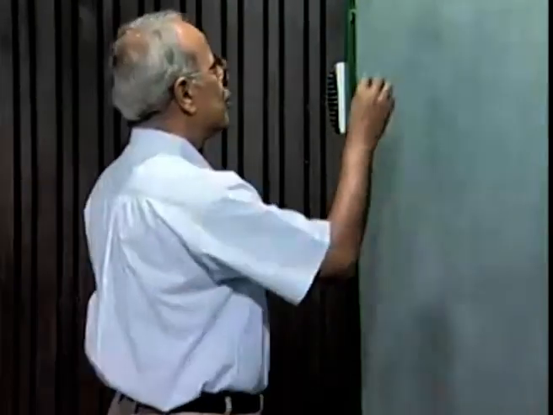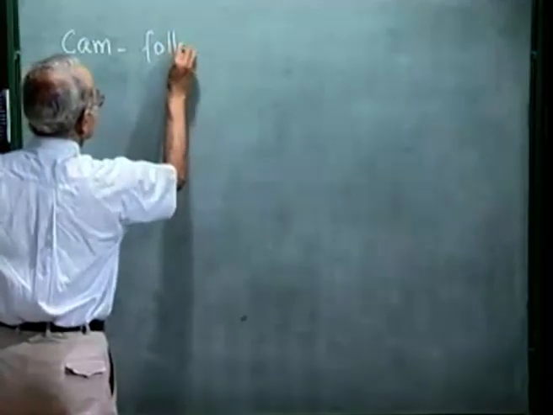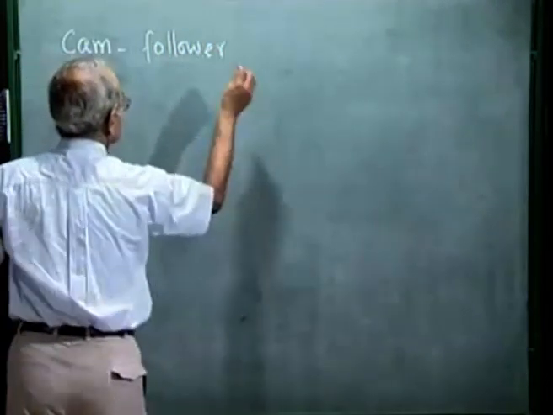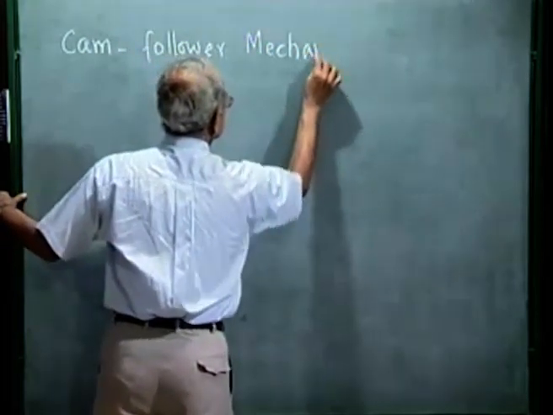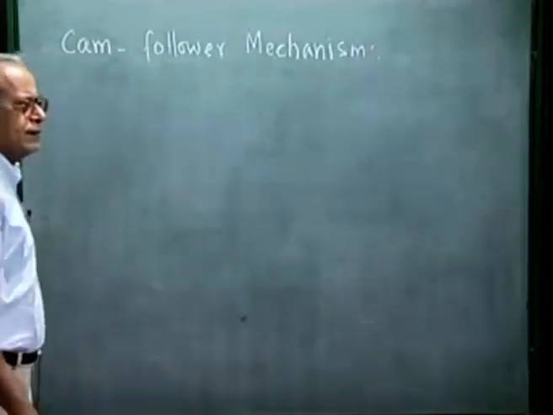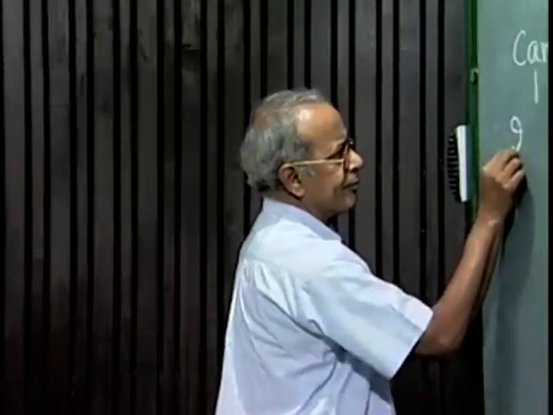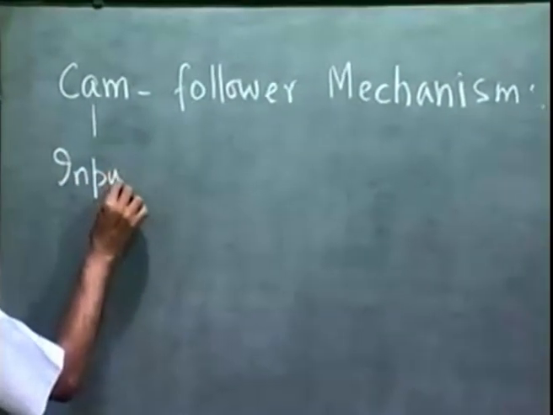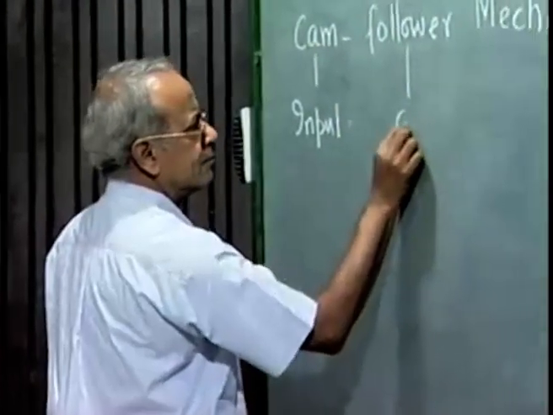cam follower system, a higher pair mechanism. In this cam follower mechanism, the input link is the cam and the follower is the output link.